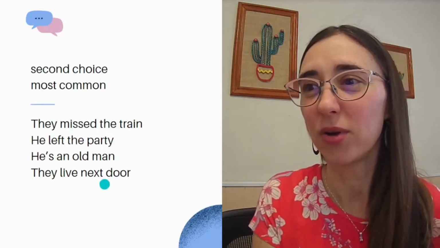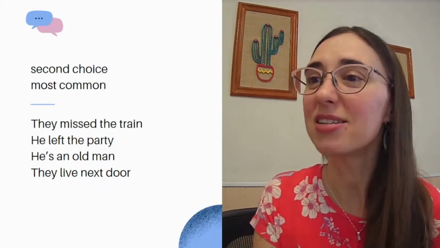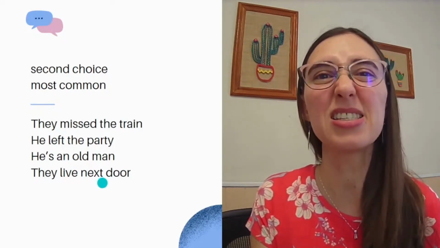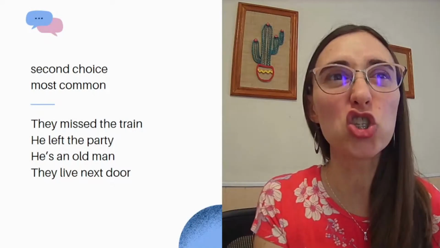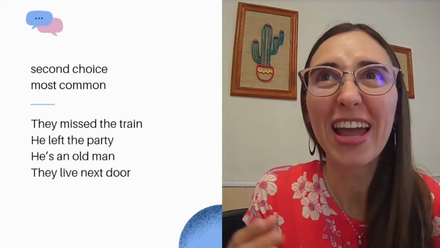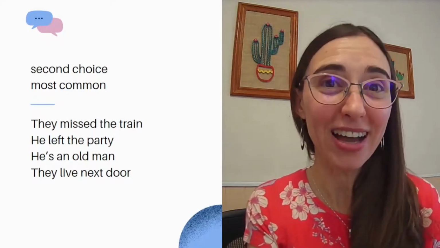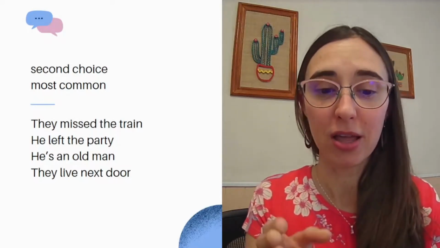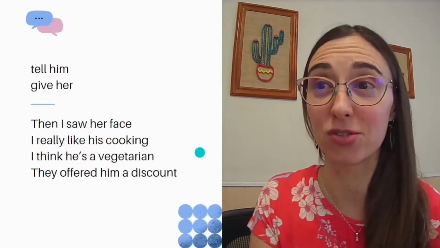So here in "next door" we have three consonants, and the one that becomes silent is the T. They live next door. Okay? All right, this is one kind of elision. Remember, three consonants together, the one in the middle is not usually pronounced.